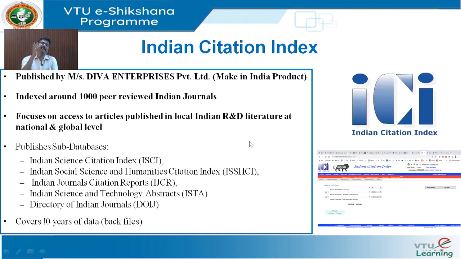And also we have an Indian Citation Index. Unfortunately, many Indian journals which are published locally are not able to make it into these two databases, Web of Science and Scopus. There was an attempt by Diva Enterprises to create an Indian-level citation index, and it has indexed 1,000 peer reviewed Indian journals.